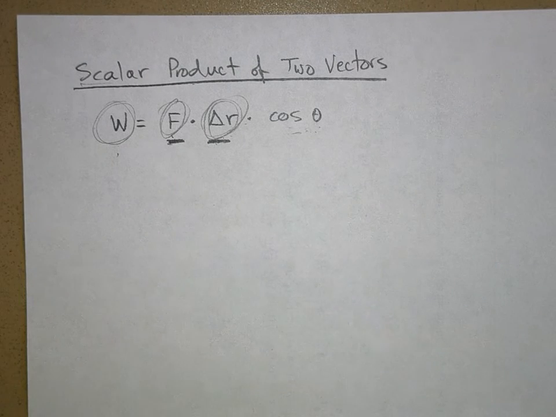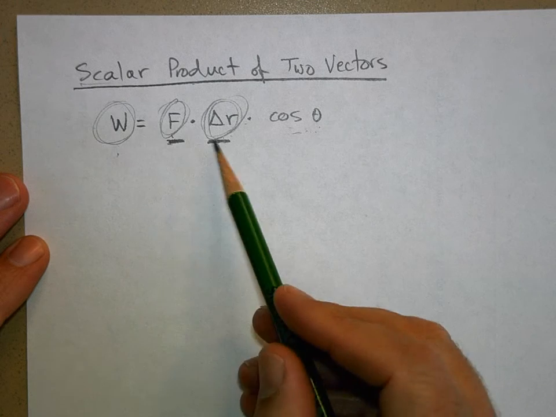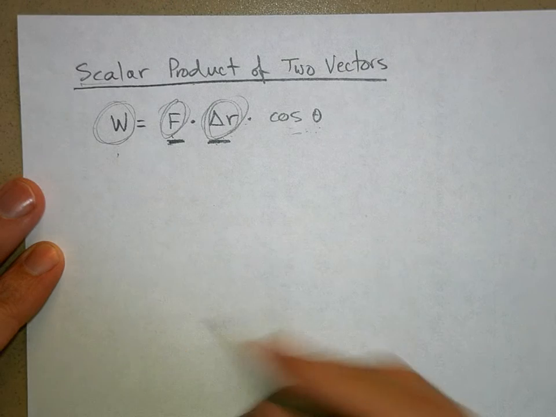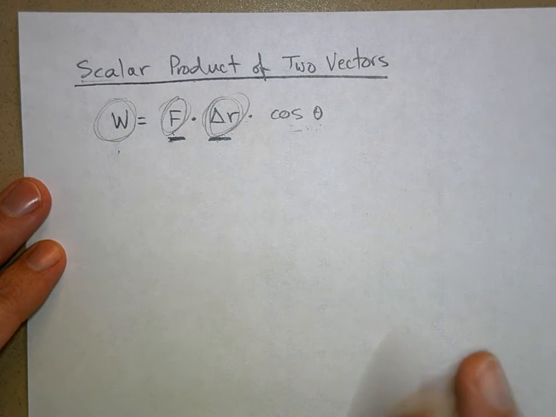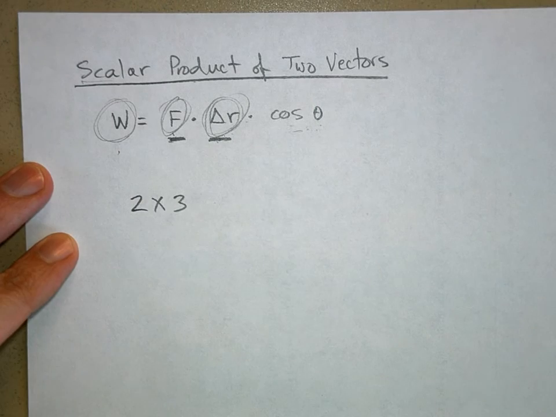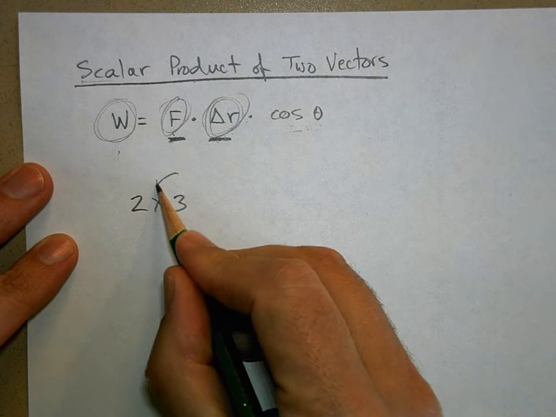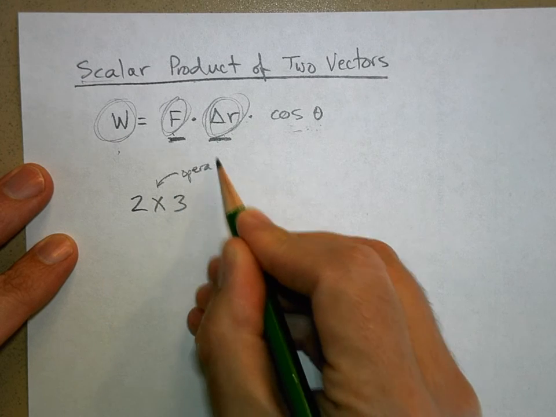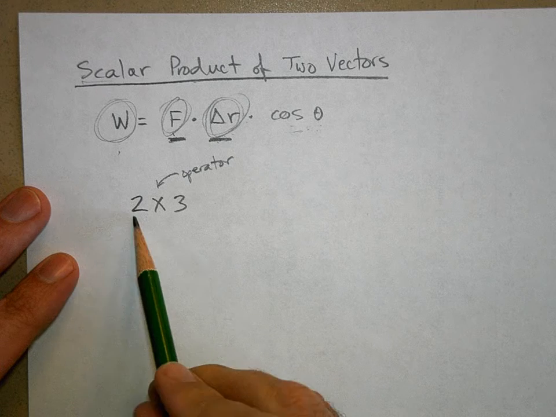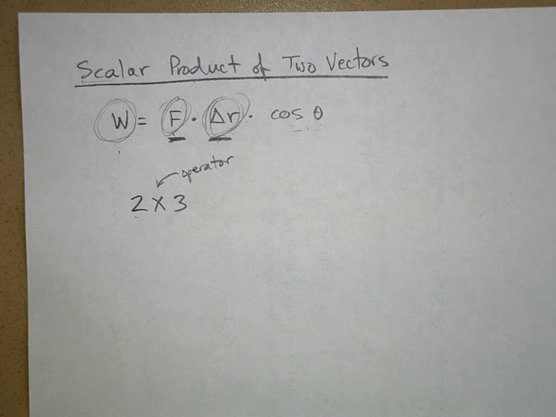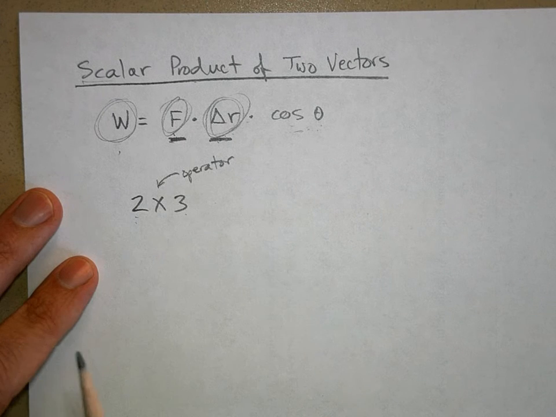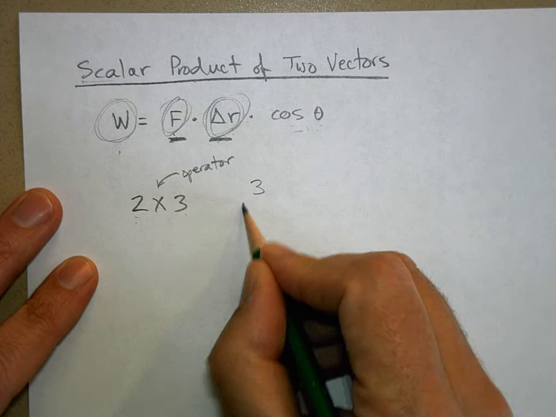Anyway, let's abstract from here. First let me tell you what multiplication is with scalars. If you're just going to multiply two scalars together, let's say 2 times 3, right? Now, this is your operator. In other words, it's a symbol that represents a set of instructions that tells you what to do with these two quantities. And it just says, hey, we're going to add up 3 2 times. So in other words, we're going to go 3 plus 3.